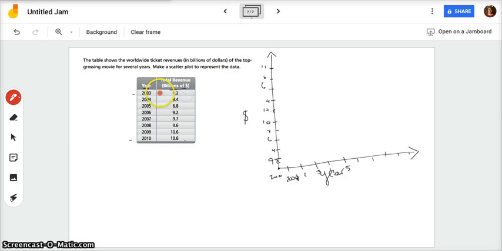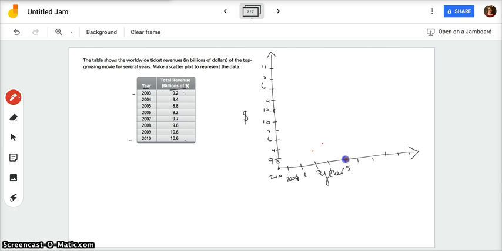So let's do that. 2003 is 9.2. 2004 is 9.4. 2005 is 8.8. Ooh, I didn't see that 8, so that needs to be way lower.